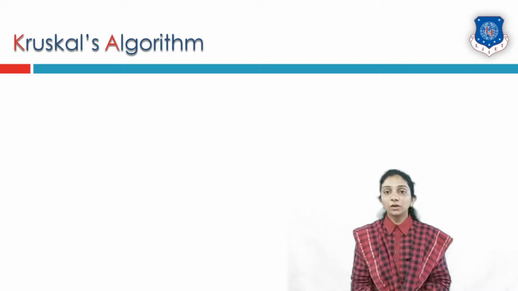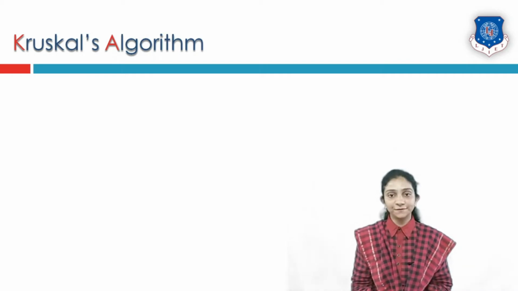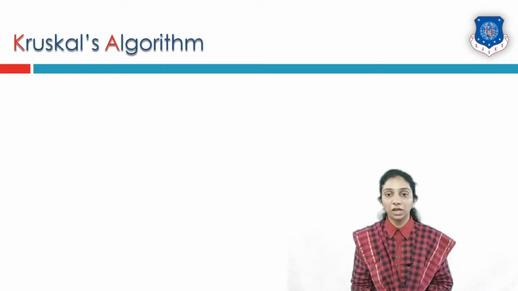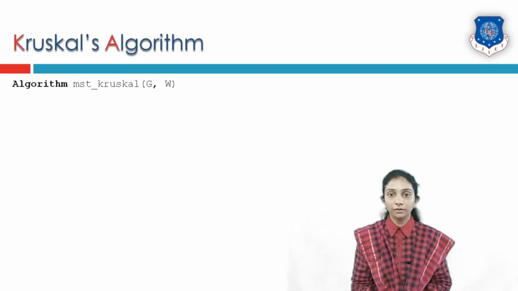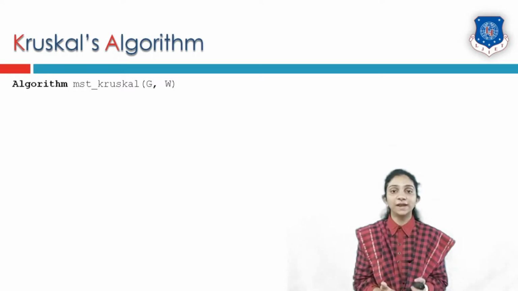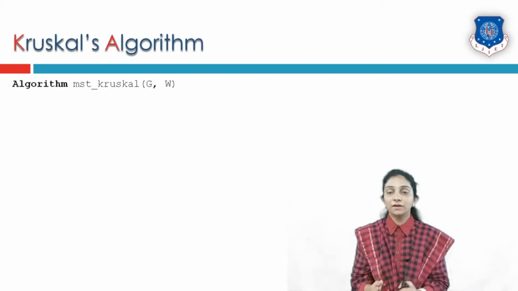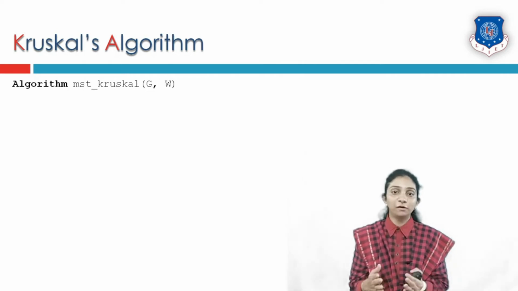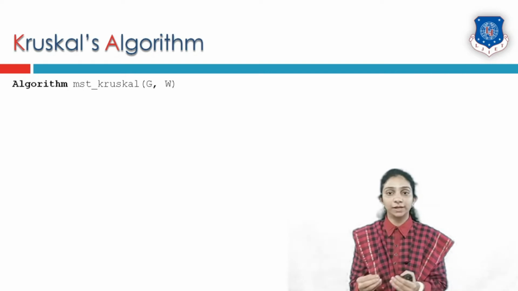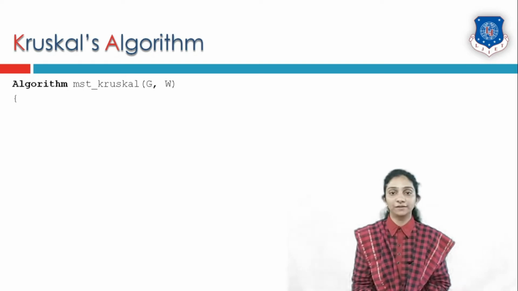Let us see Kruskal's algorithm first, then we will see the working of this algorithm. Kruskal's algorithm takes two inputs: a graph, which is a set of vertices and edges, and a weight matrix which shows the weight of the edge from each vertex to another vertex.